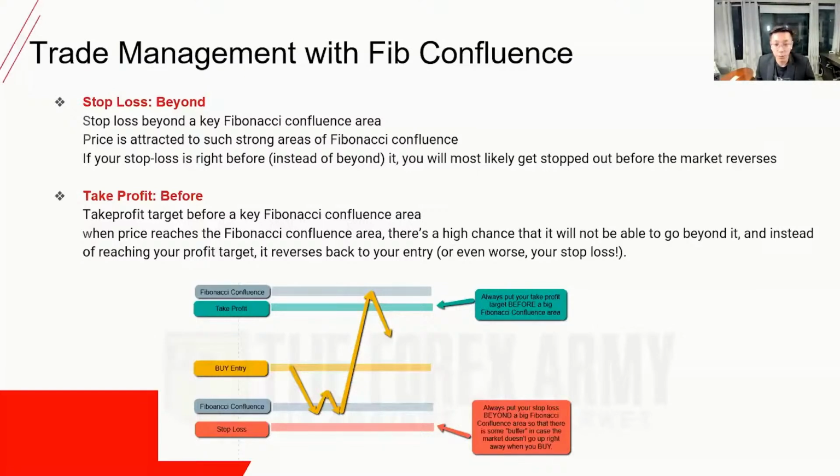For take profit, very simple: take profit target before a key FIB confluence area, because when price reaches the Fibonacci area, there's a high chance that you will not be able to go beyond it, and instead of reaching your profit target, it reverses back, or even worse, hits your stop loss.